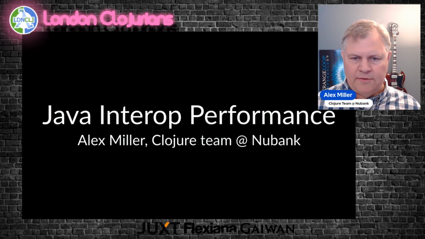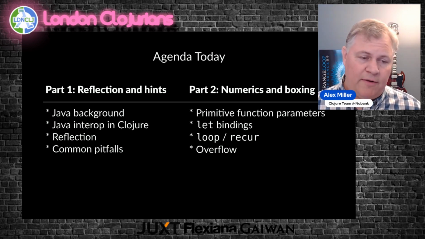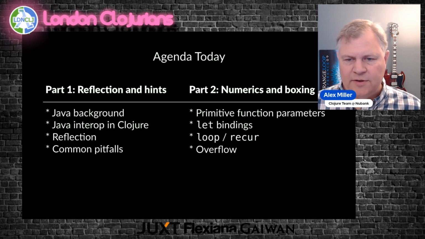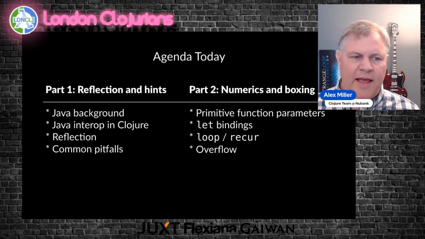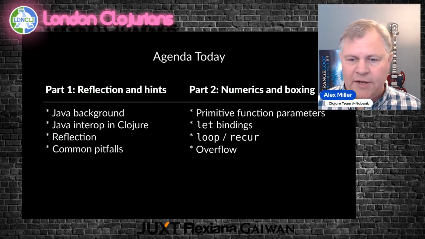Let me get to the right window. All right. So these are kind of the two parts. The first part, I'll do a very, very quick background on some Java things in case you're coming from Clojure but not as familiar with Java in the back end. I'll talk about Java interop in Clojure, about reflection, how to avoid it, and some common pitfalls. And then part two, we're really going to focus more on numerics and boxing.